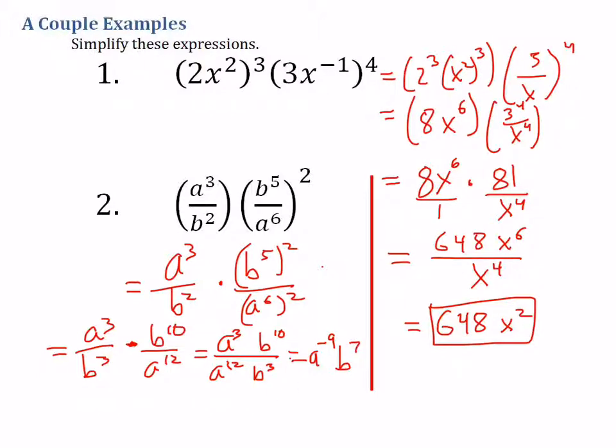Now, when we're simplifying, we don't want to leave negative exponents. So this is an equivalent expression. This is true that this simplifies to this part down here, but we don't want to leave negative exponents. So remember, when we have a to the negative 9th on top, that's going to go down to the bottom and become a to the positive 9th. So we have b to the 7th over a to the 9th, and that is our final answer.